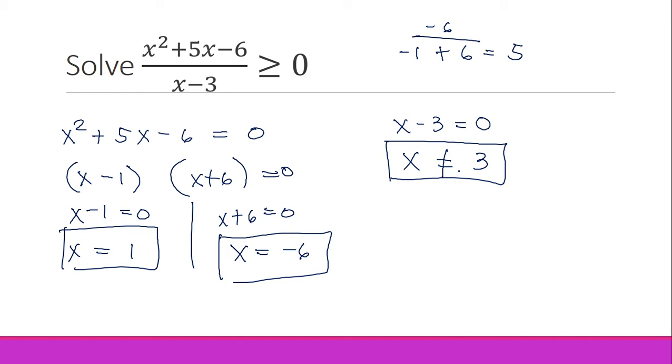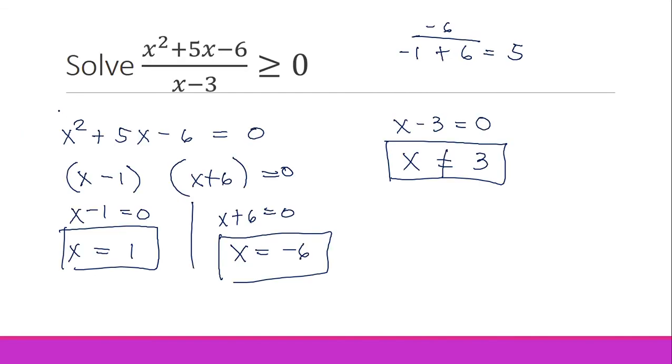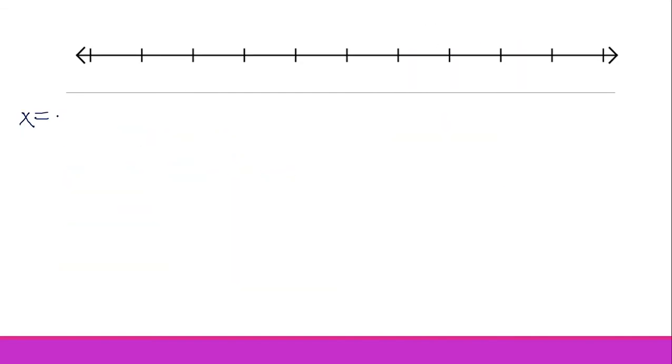So testing the different regions on the number line, we have x equal to positive 1, and another x equal to negative 6. And we still have an x, which is not equal to positive 3.